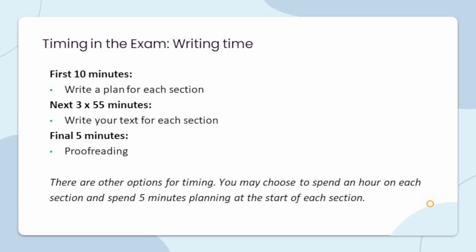But if you know you're someone who, when you're writing really fast and you're a bit nervous, sort of misses words out or forgets punctuation, you might need to give yourself that proofreading time. So there are other options for timing. You might choose to spend a full hour on each section and write your plan and then your piece, and then go on to your next hour and do a plan and then write that piece, and so on and so forth. So, do what works for you.